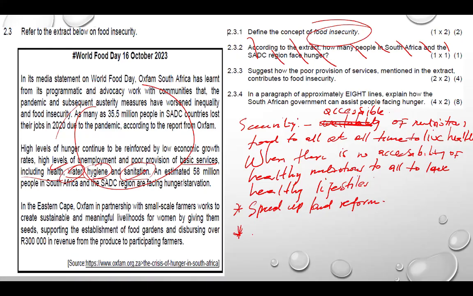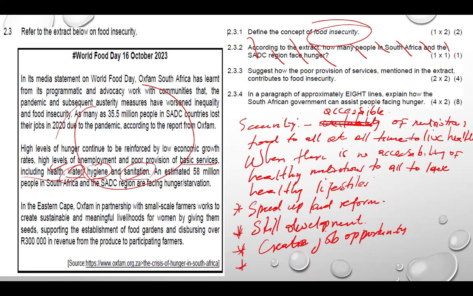Number two is skill development, so that people are able to produce their own food. And it's the creation of job opportunities. Create job opportunities so that people are able to work and earn a living and therefore buy their own food.